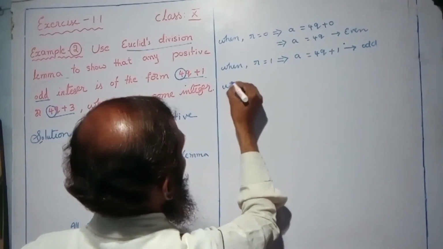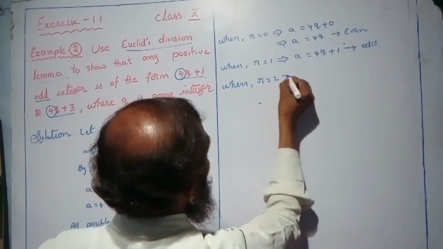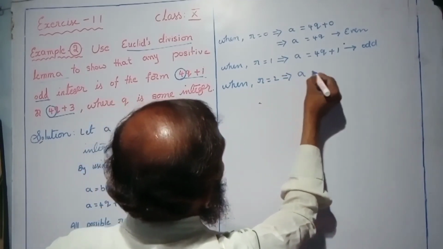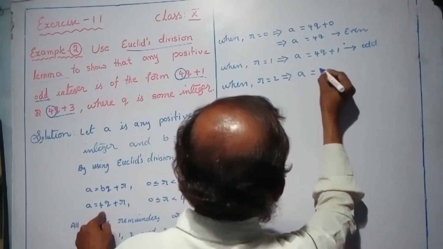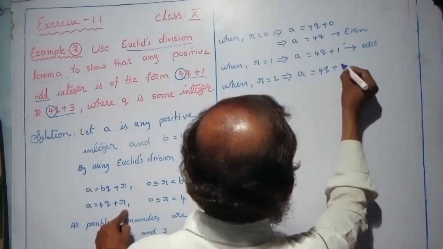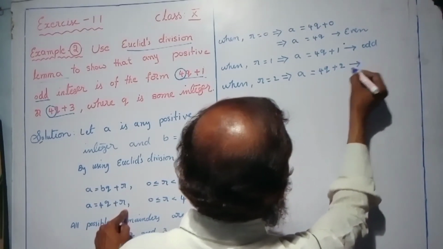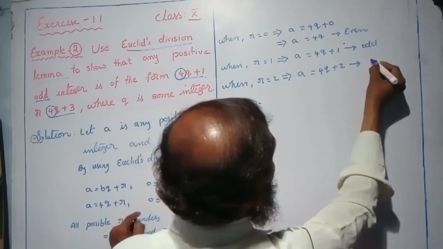And when r is equal to 2, substitute in this equation, a is equal to 4q plus r, means 2 substituted. What do you call it? Written like this, 4q plus 2 is even.